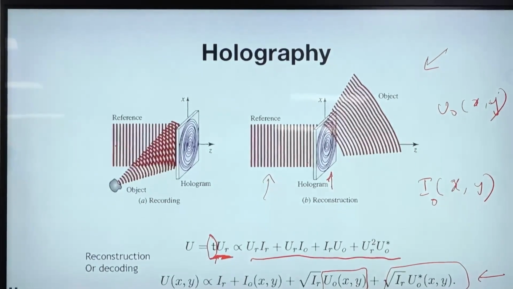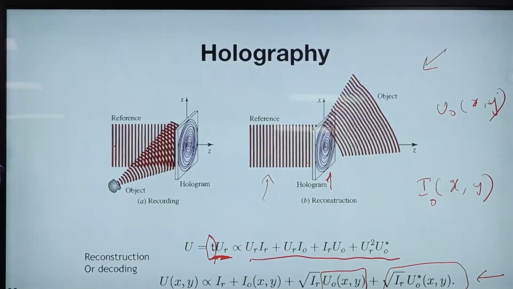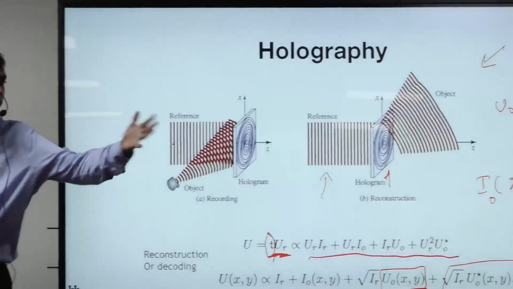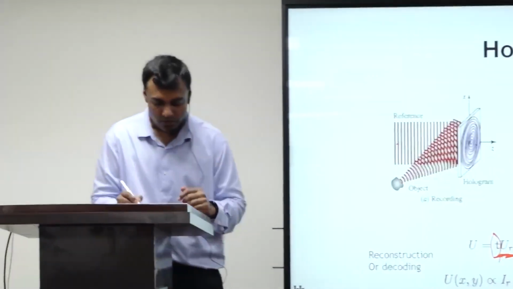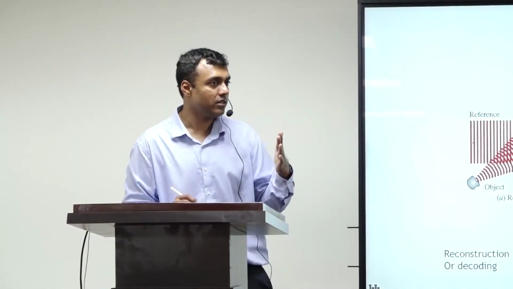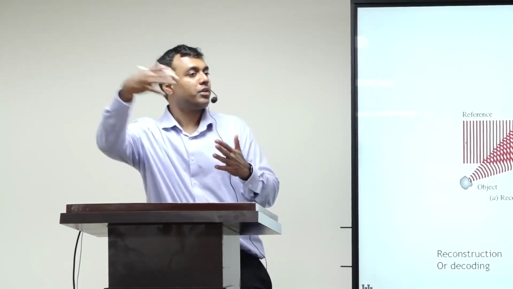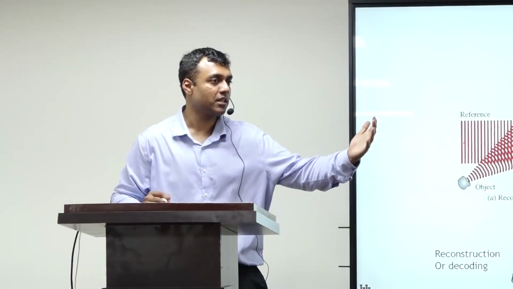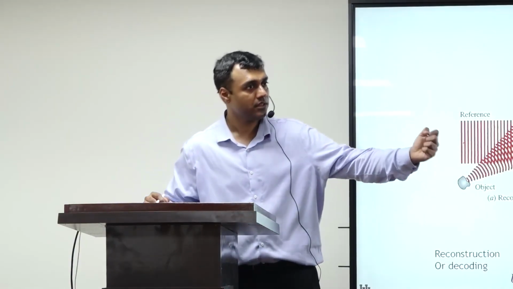If you just have a holographic film, then there is no light incident. It does not emit light by itself. It's just like a black and white pattern of some sort. Only if you have some other new light incident. So if you multiply, with the reference field U_R incident on it, then that will produce a hologram. So you should have light in the back, which is the same as what was there in the reference.